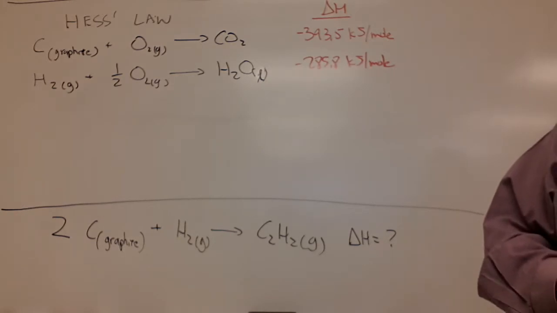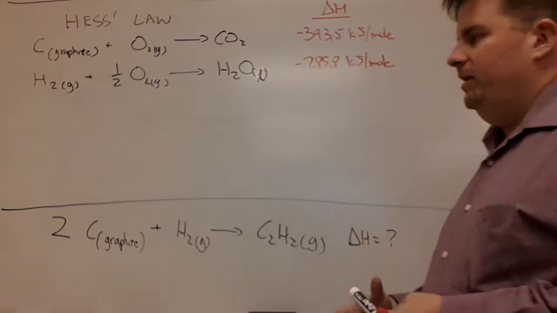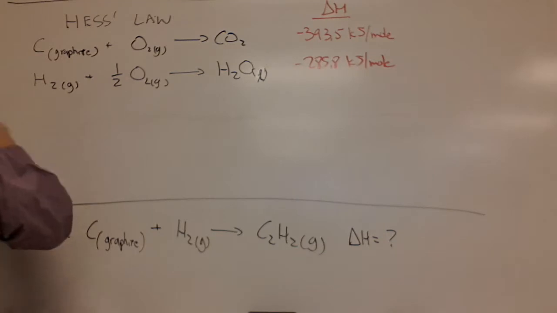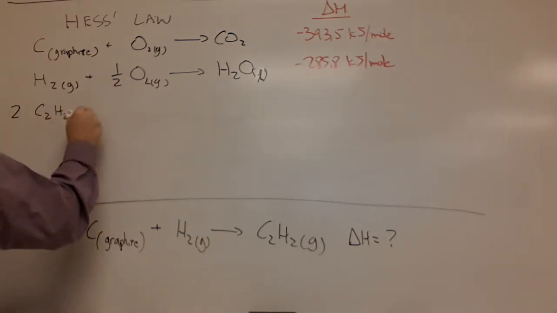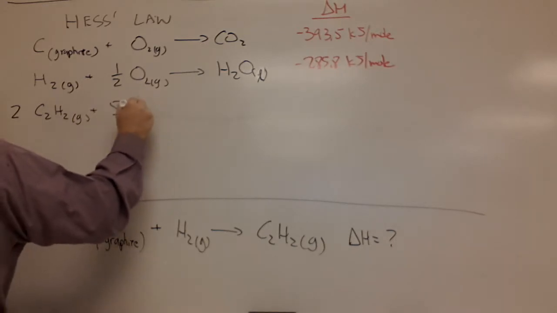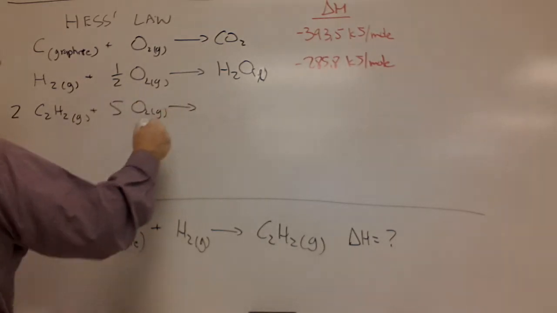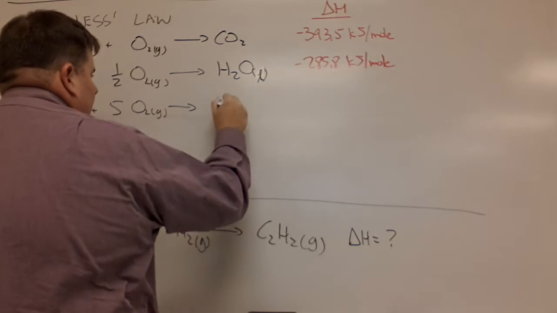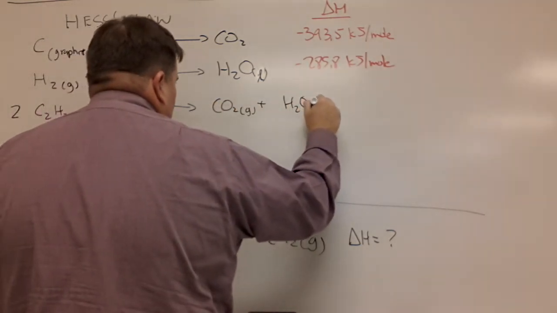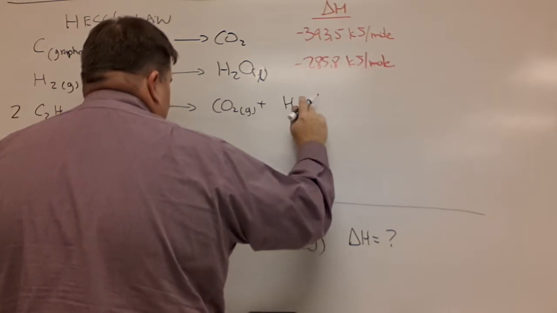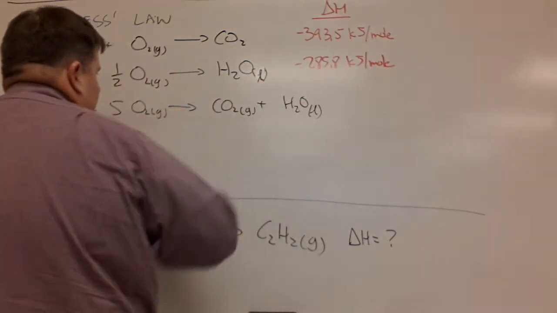Okay? The last one I know is that when I burn acetylene gas in the presence of oxygen, so 2C2H2 gases plus 5 oxygen gases, what I'm going to get out is carbon dioxide and water. And I know some of you are asking the question, are these subscripts important?